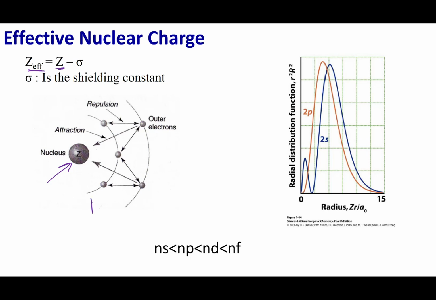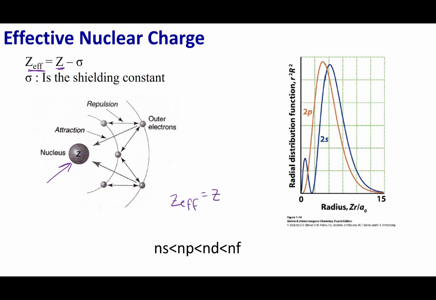If I look at inner electrons, there's nothing blocking that inner electron from the nucleus. So for the inner electrons, the Z effective, or what it feels, is equivalent to Z.